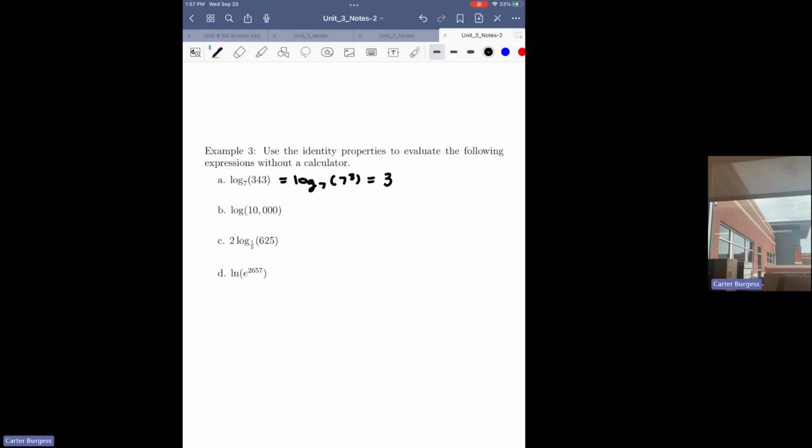Perfect. So this would be a lot easier if it were base 5, right? So what power of 5 is 625?